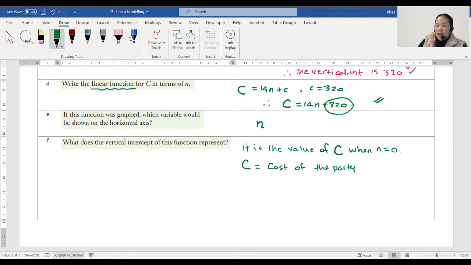And N was the number of people, wasn't it? When there was no one, when there are no people, oh, that would be very sad. So that's what it is. That makes sense because if nobody comes, you still have to pay 320 because there is music and they're hiring the hall. That's like a minimum amount that you need to pay for the party.